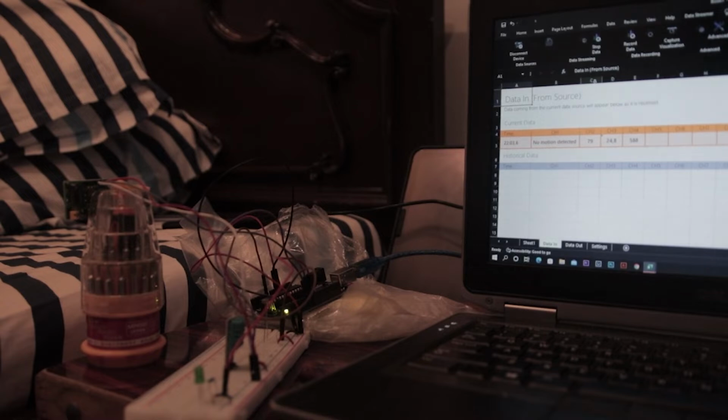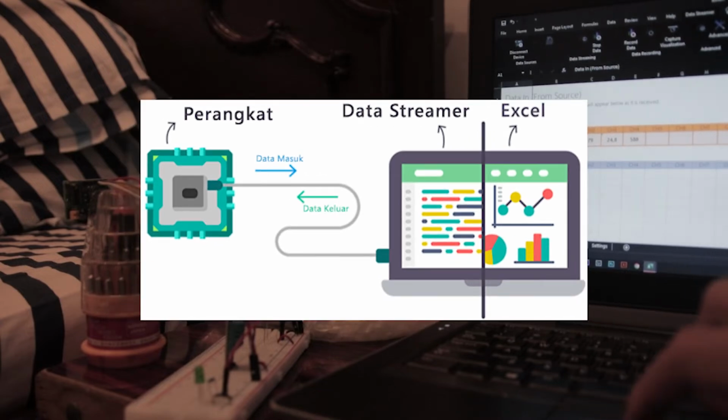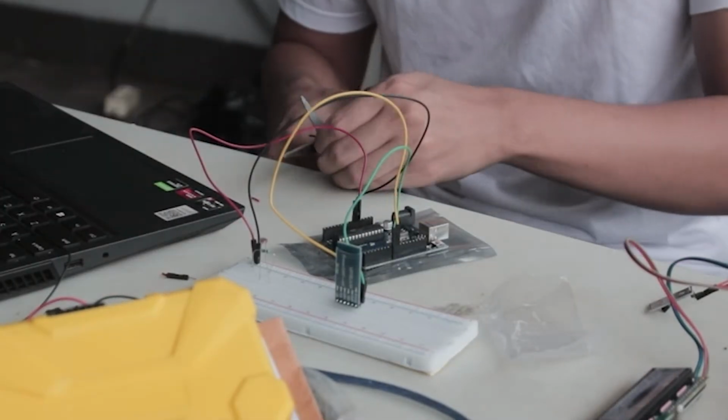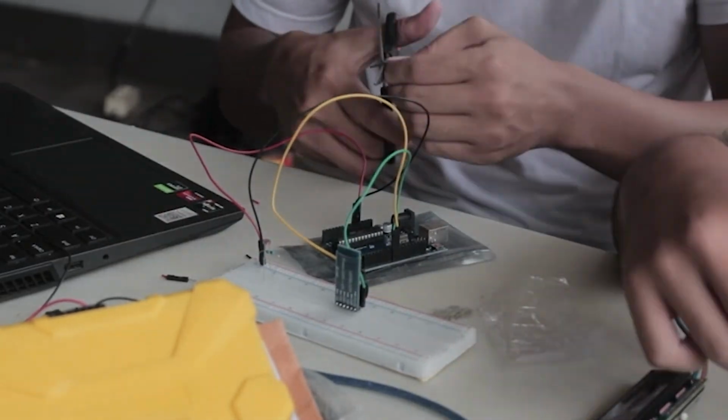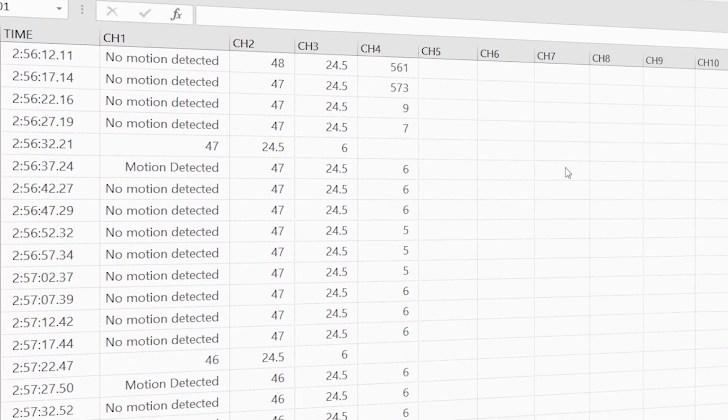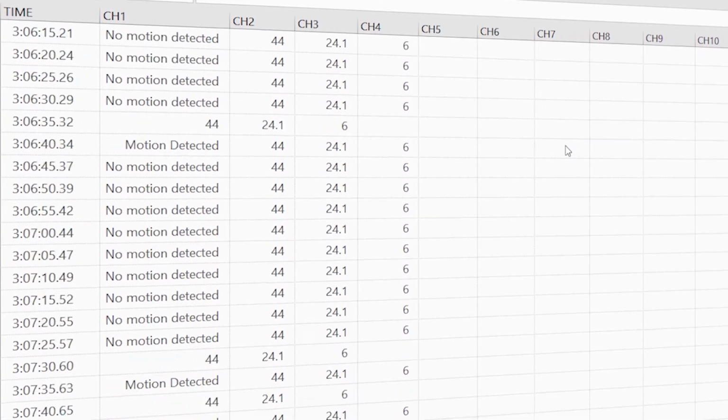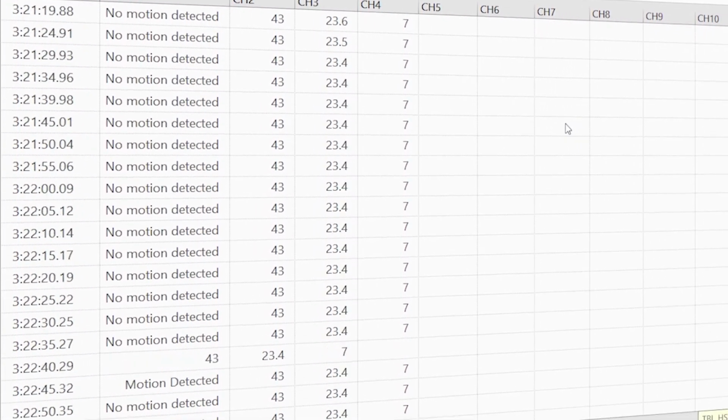The Arduino is connected to the laptop to collect the data directly using a data streamer in Microsoft Excel. Since the time schedule is a bit tight, we only have a few nights to test. The data we collected is limited, but we'll see how it goes more in the data section of the video.